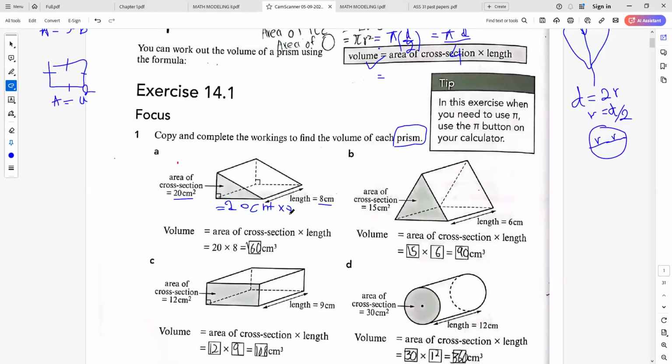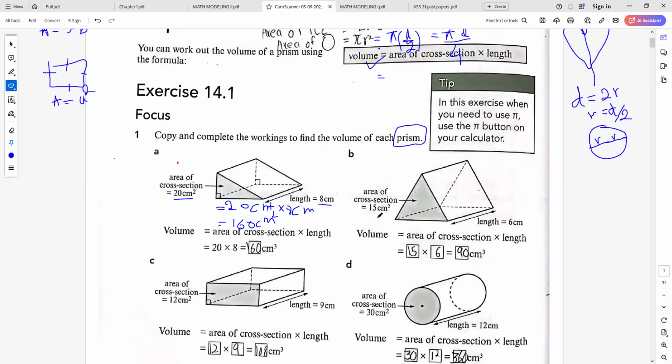Now 20 centimeters squared into 8 centimeter will give you 160 centimeter cube. Oh, this is supposed to be 160 centimeter cube.